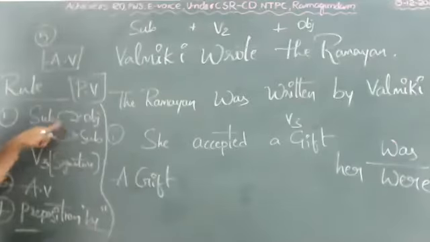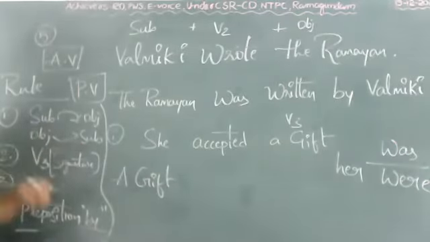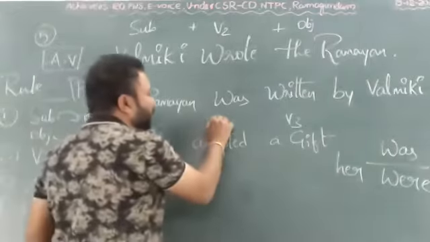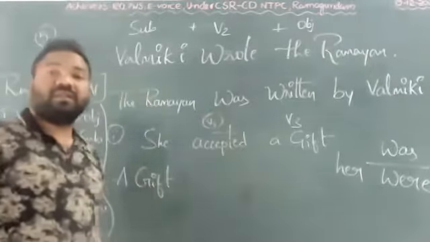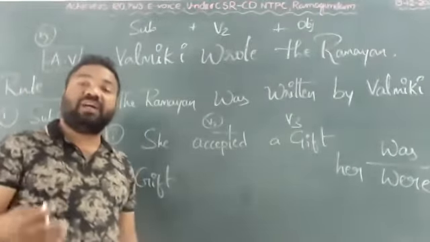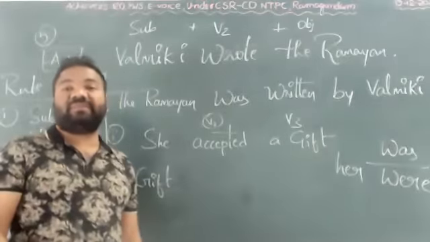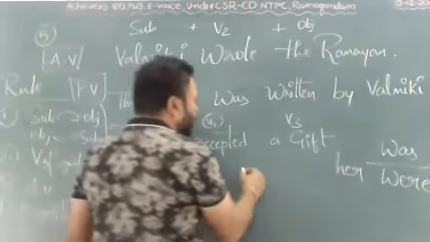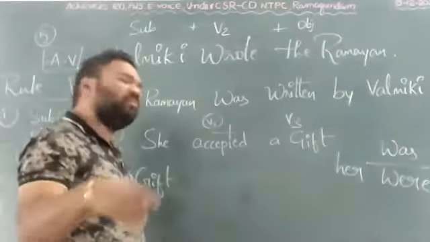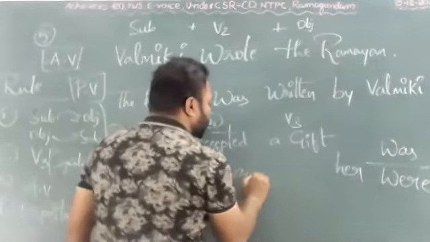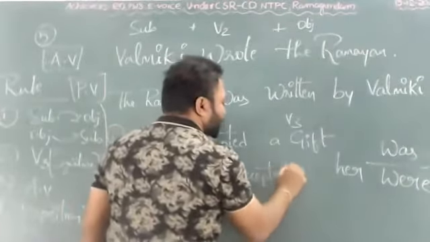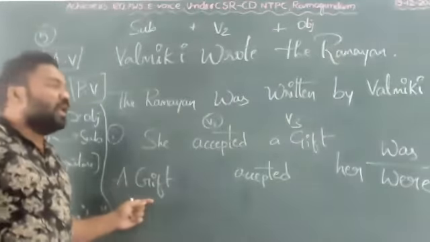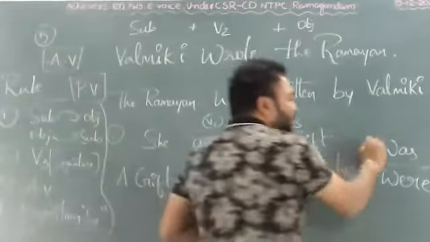Subject to object and object to subject. Next, what do we have to do? Accepted, we have here is V2, right? But we have to convert that into V3. That is for sure. So what is the V3 form for accepted? Accepted. Right. Next, a gift is a singular one. What auxiliary do we have to use here?